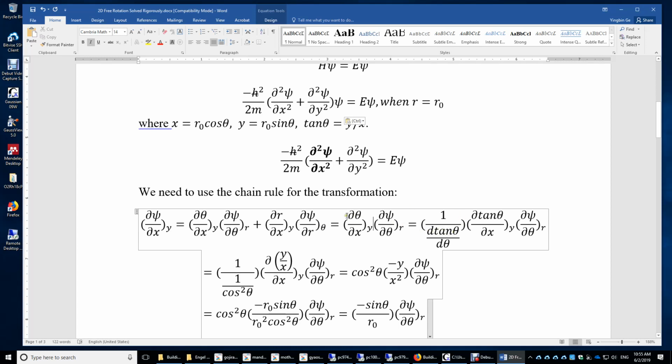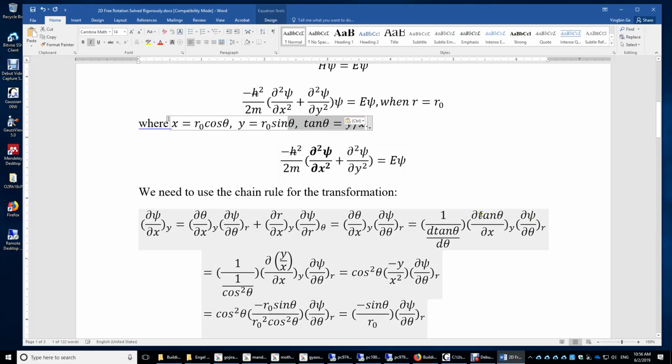Well, this term is equal to delta tangent theta over delta x times, again over here we'll have to kind of cancel this tangent theta, so it's here. And then we can do this because the first derivative of tangent theta is simply 1 over cosine theta squared. And over here, this tangent theta can be rewritten as y over x. Remember here?